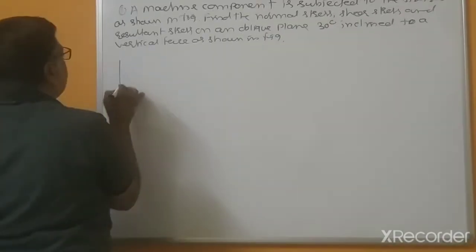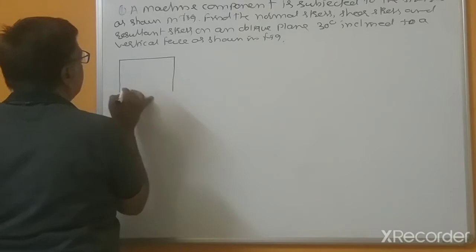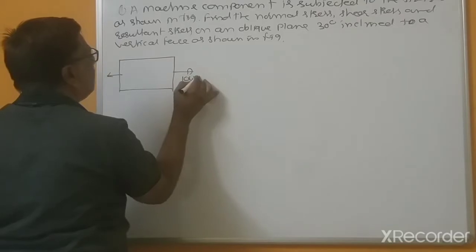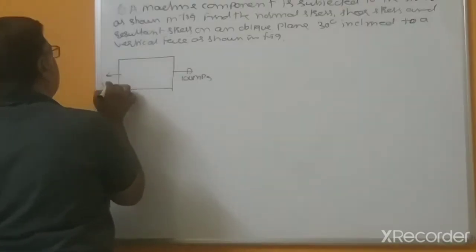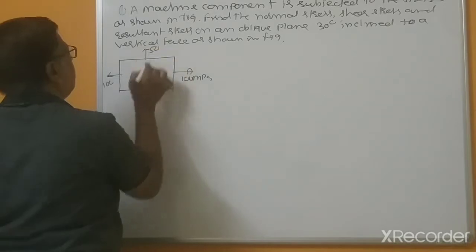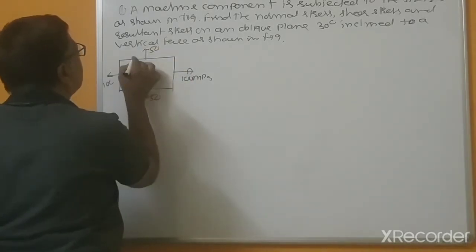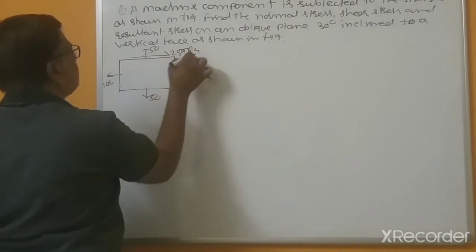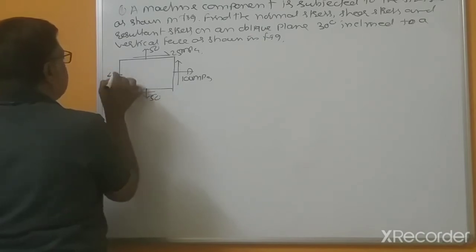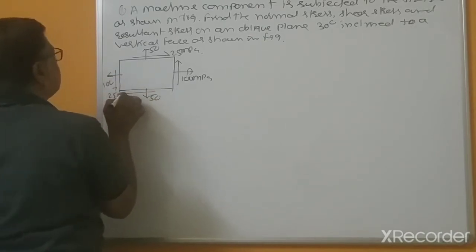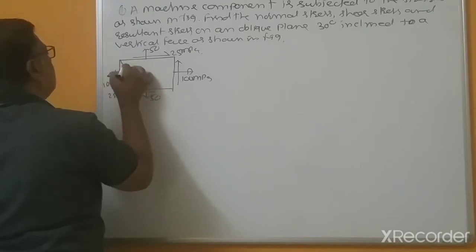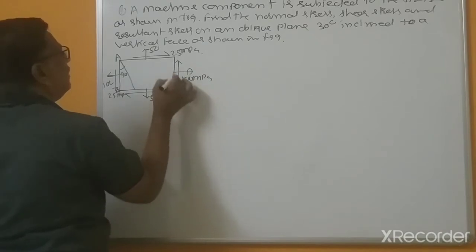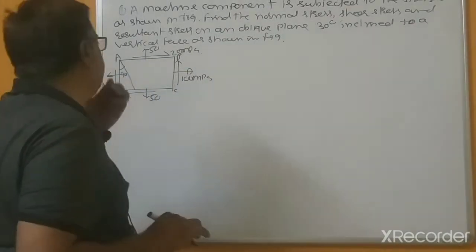So here, this is tensile along x-axis, 100 megapascal, this is 50, this is 50, this is 25 megapascal, and this is 25 megapascals, and this angle is 30°. So this plane is the AB and this is CD, right?